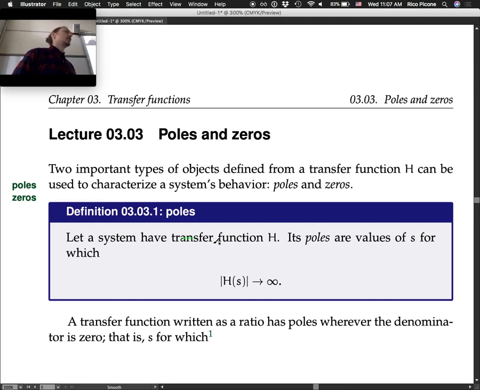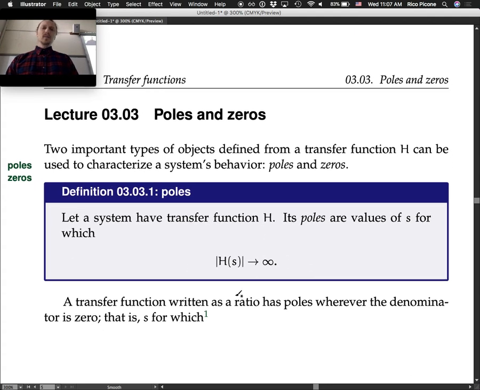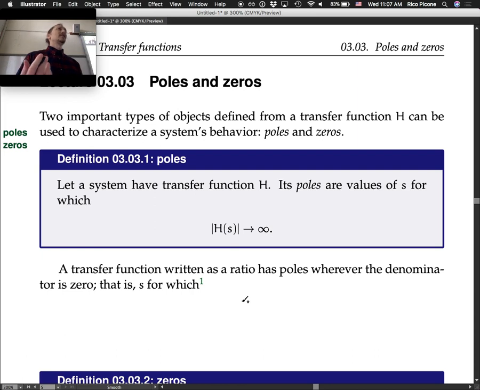So that's important. And also we want to take the absolute value as well. So it takes care of both of those aspects. If h goes to negative infinity or positive infinity, then we have a pole there. So that's a pretty easy definition. It's not super complicated, right? But there are a lot of things we can do with this, and that's what we'll unpack.